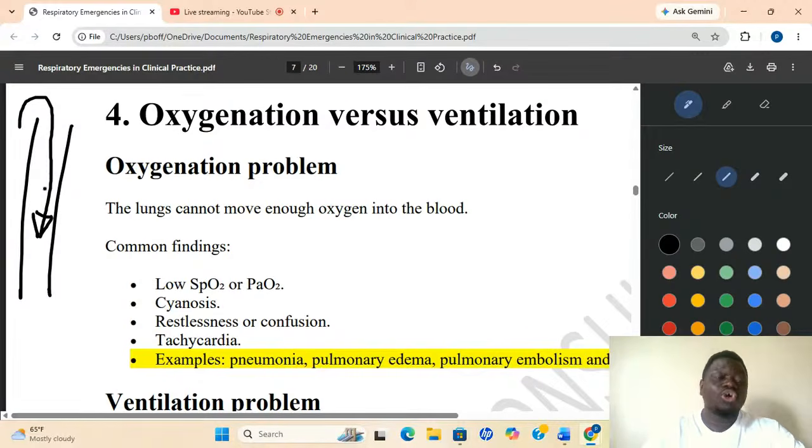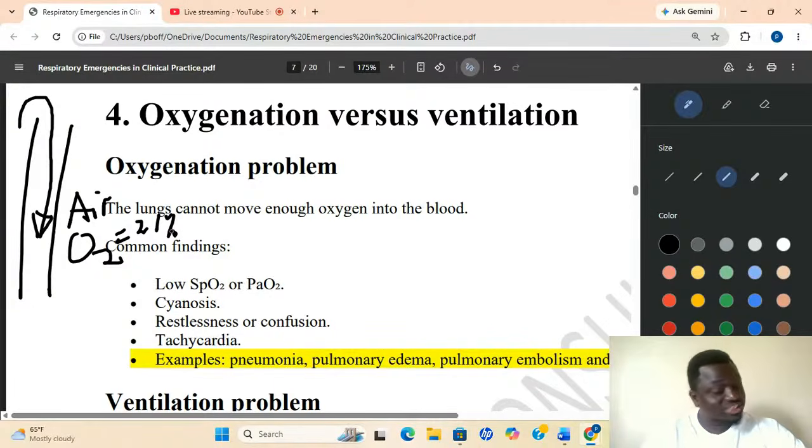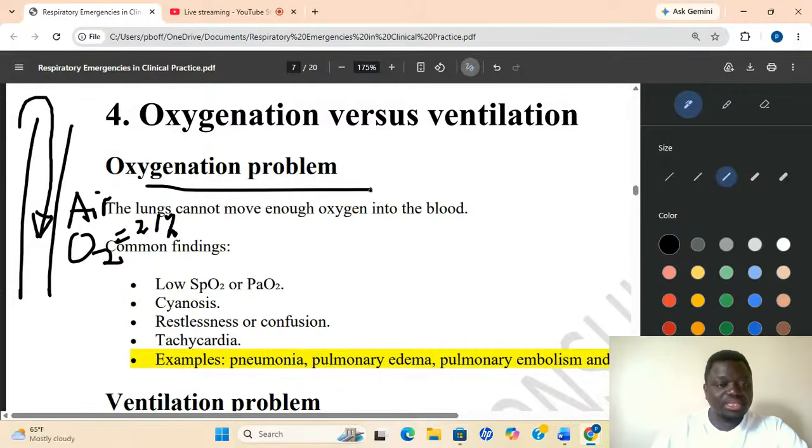When air goes down, oxygen will follow it, O2, 21%, will follow. So how will you know that this patient in respiratory emergency is having an oxygenation problem? Saturation will drop.